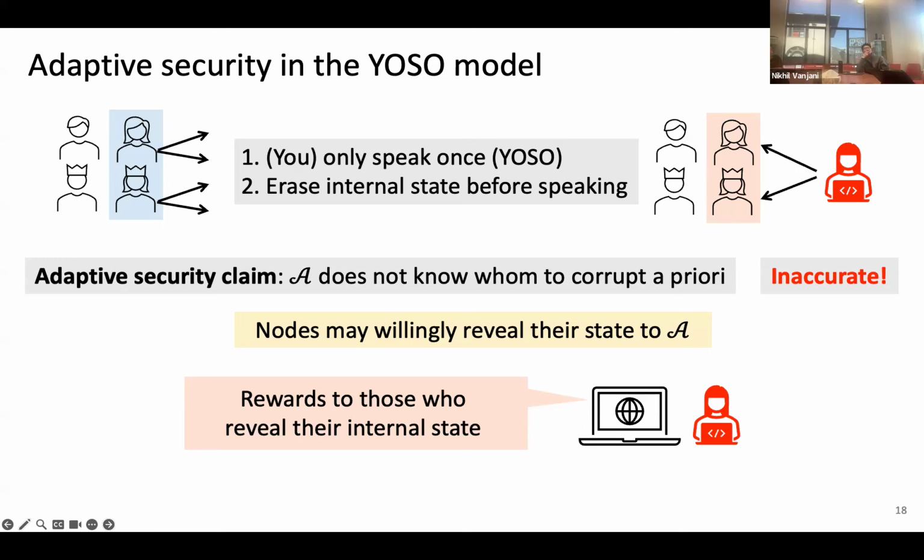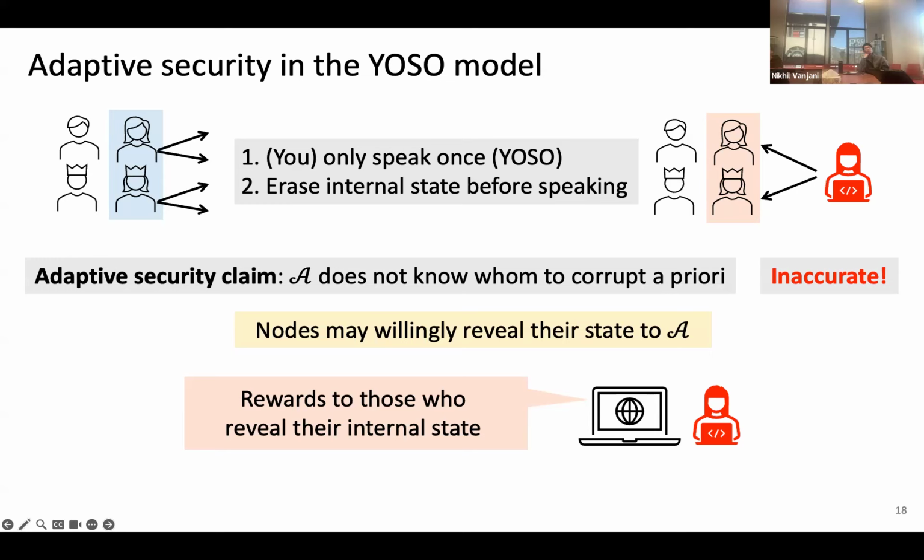So I think there's another way to look at this. Whether the adversary can corrupt only after parties speak or even before parties speak, if a party speaks and they were honest prior to that, then they would have deleted their data. But this YOSO model motivates that the adversary doesn't know who will speak, so doesn't know who to corrupt before they speak.